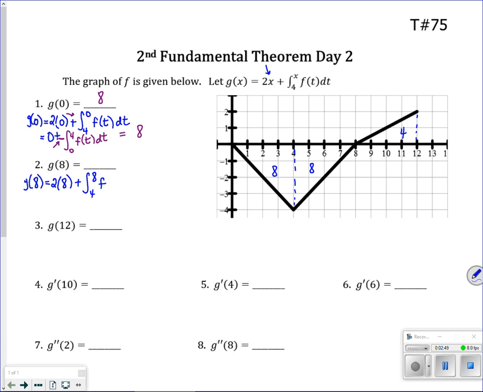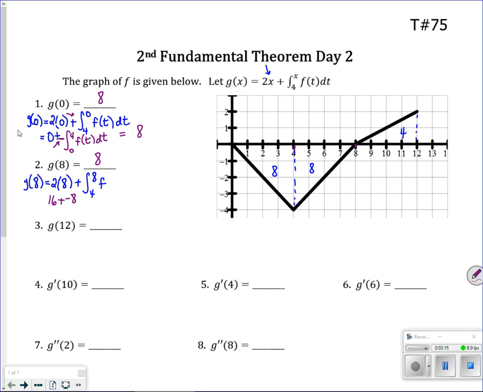And for the sake of time, I'm going to quit writing t dt. I think we get the idea of how to find those things. So 2 times 8 is 16. Now the integral from 4 to 8, it is low to high, below the x-axis, so that would be -8. Well, I got 8 again. Looky there. You try g of 12.